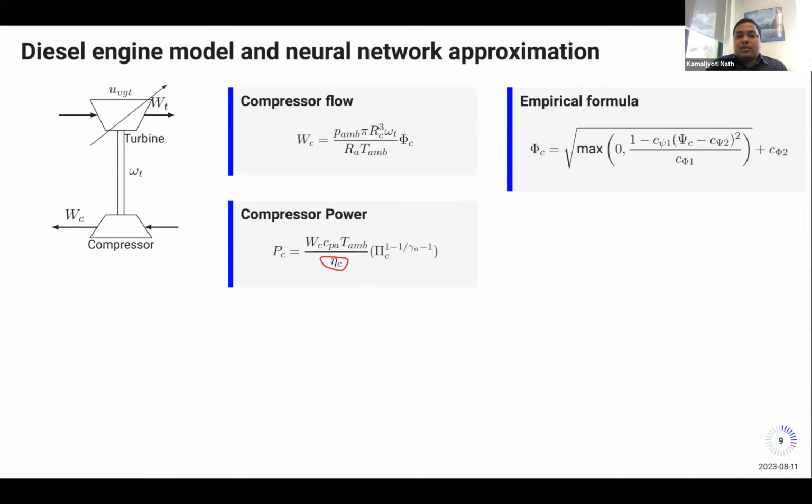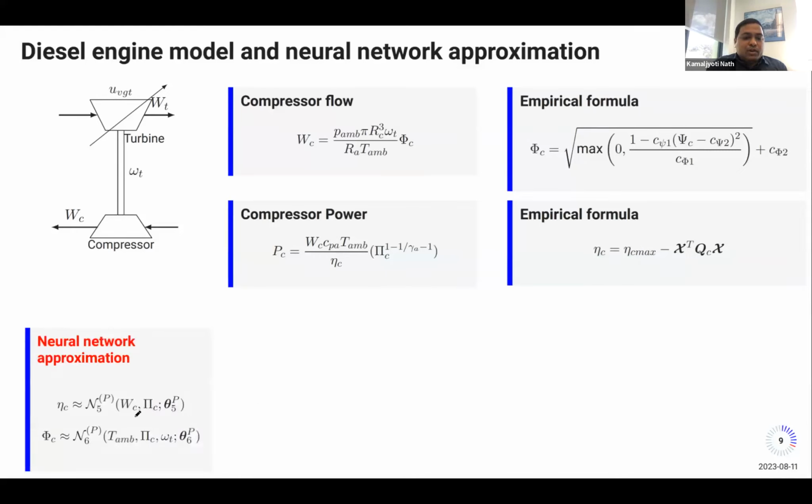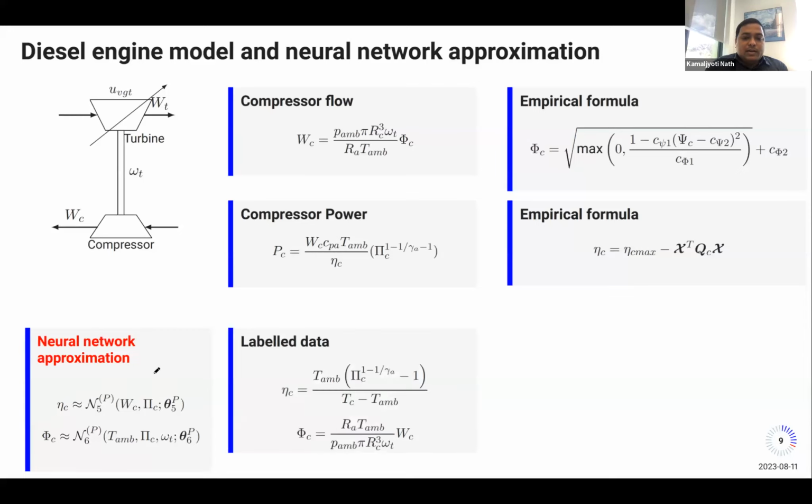There are different charts which give the compressor efficiency, but for the present study, we consider an empirical formula. It's actually similar to the design chart only, but it's numerical, they consider an empirical formula, and we approximated these two using two networks, one for the psi, one for the efficiency. Instead of using a design chart, we use a neural network. And then these are the level data calculations for the eta C and phi C.